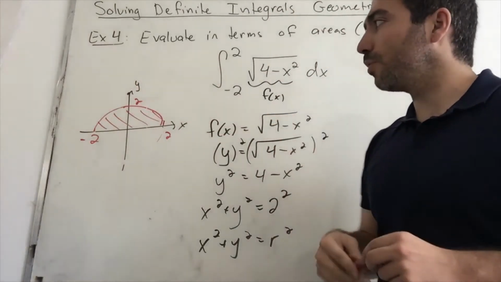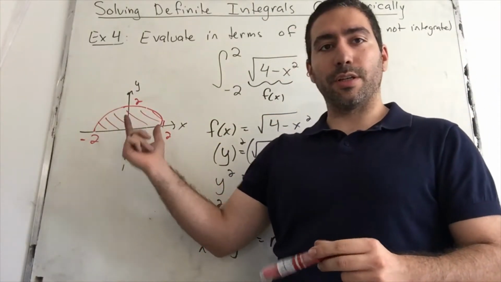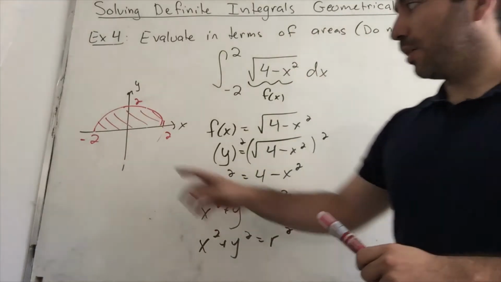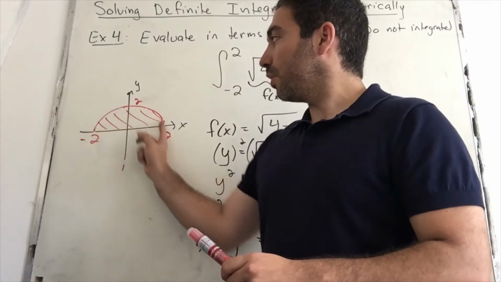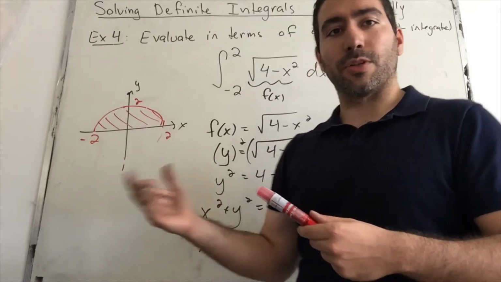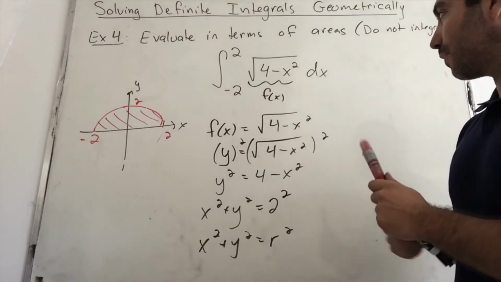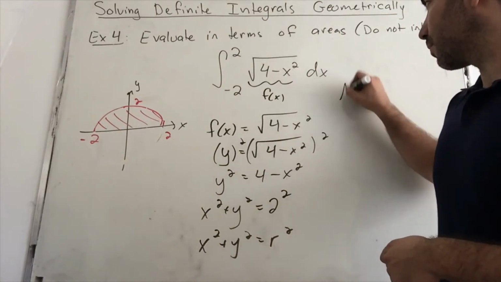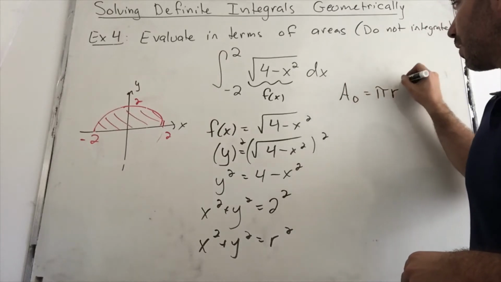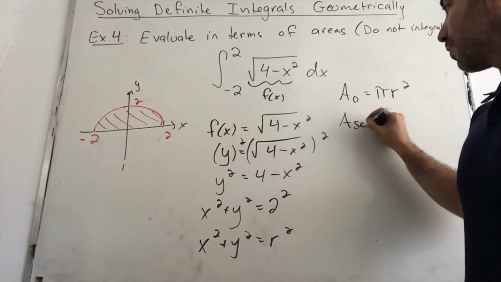Okay. And how do we find the area of this region here? Well, we're going from -2 to 2, so we're just dealing with a semicircle. So we know that the area of a circle is equal to pi r squared. So what's the area of a semicircle?